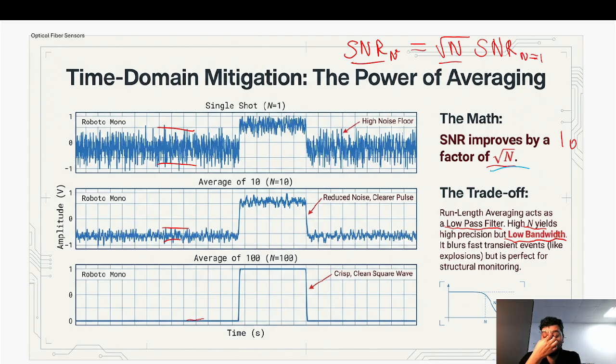So if you want to increase the signal to noise ratio, you need to multiply it by square root n. So if you are averaging 100 number of times, you will get 10 times SNR.